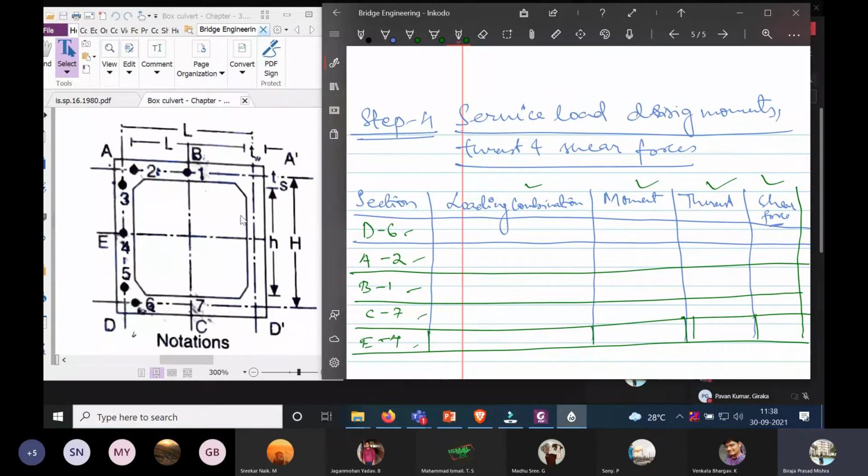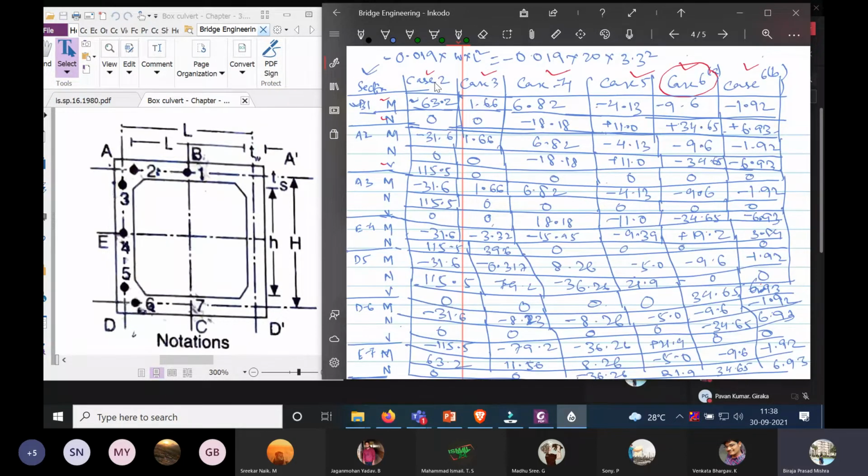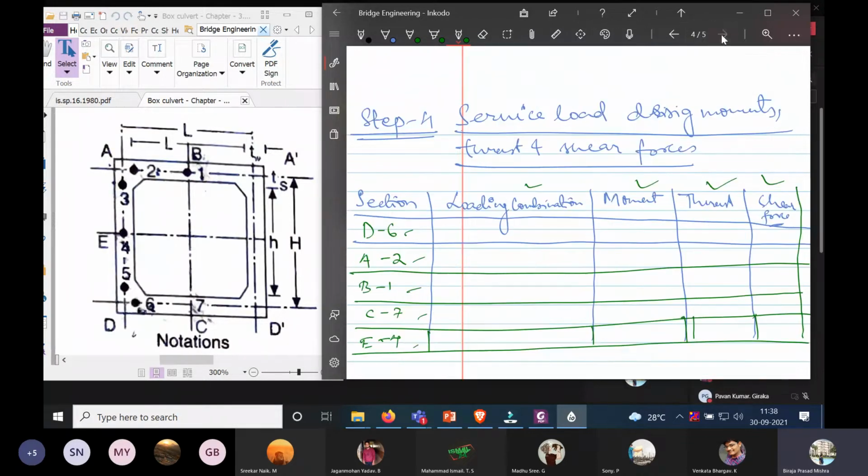Okay. So here we have calculated case 2, case 3, case 4, case 5. These different cases we will consider here.